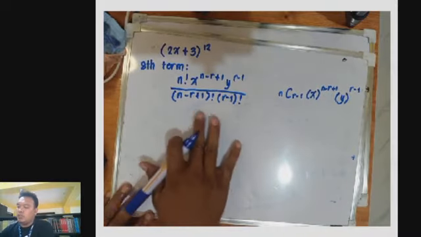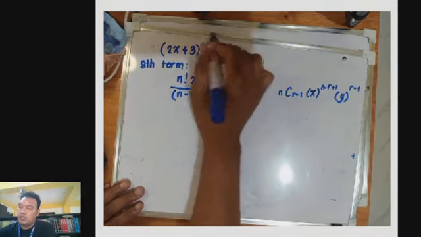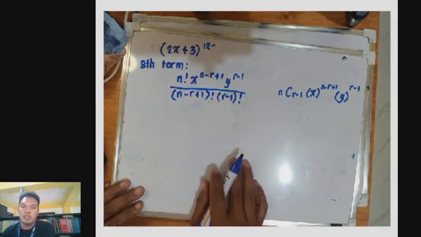Okay, so dito, yung n is ito, then yung x ay ito, then yung y ay ito nandito. Okay?